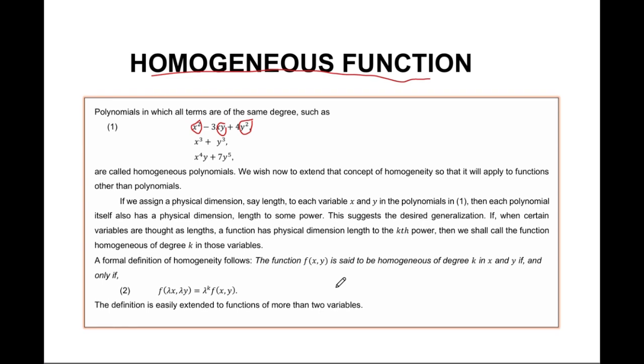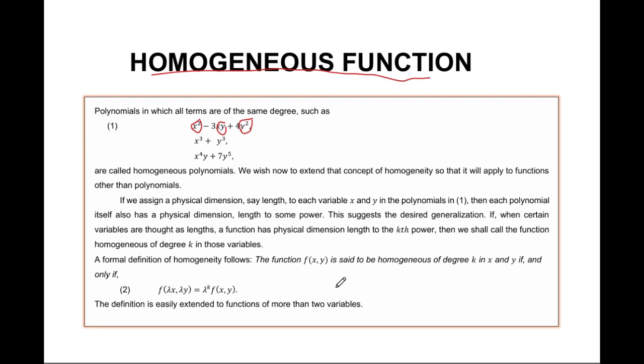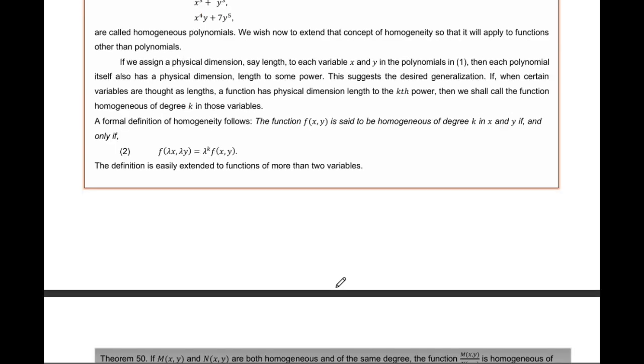The definition is easily extended to functions of more than two variables. So you can say that the function is homogeneous if all terms have the same degree. So we have here an example.